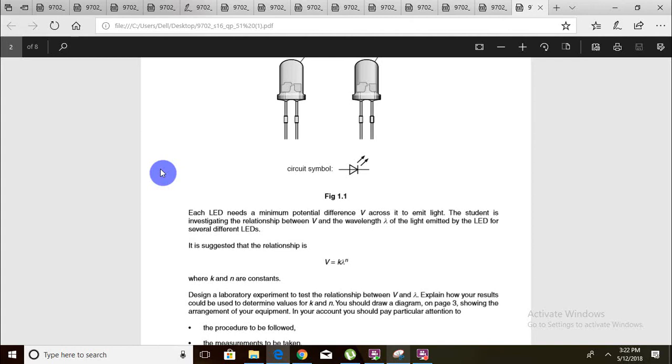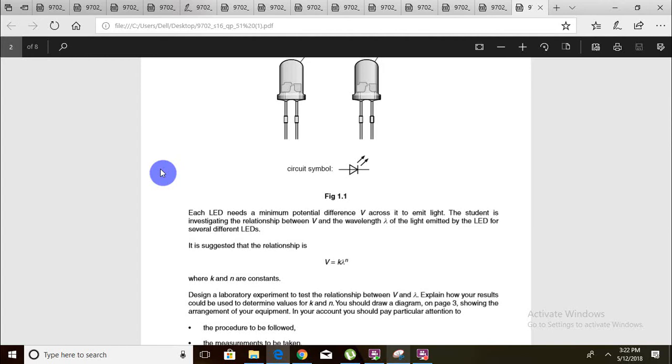What the student is doing is investigating the relationship between V and the wavelength of the light emitted by the LED for several different LEDs.